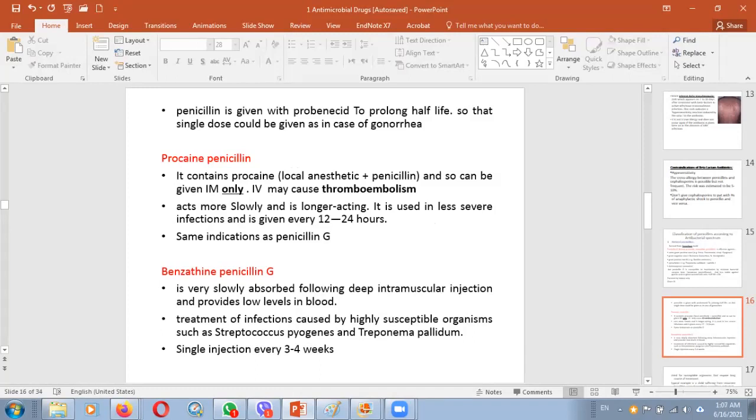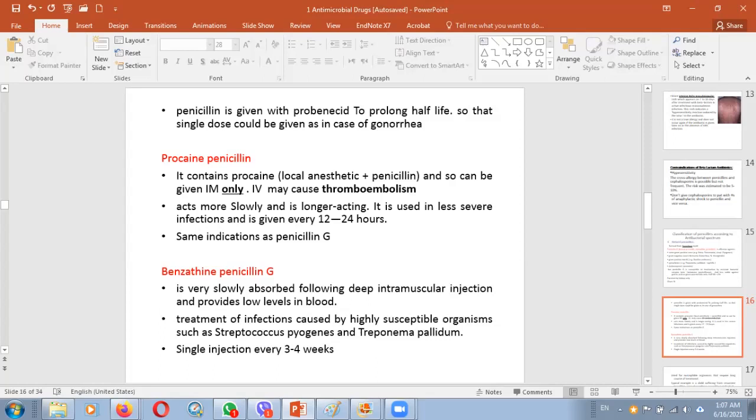Procaine penicillin, it contains procaine. Procaine is a local anesthetic that is mixed with penicillin, so it can be given IM only. IM only. And if you give IV, this will lead to thromboembolism.